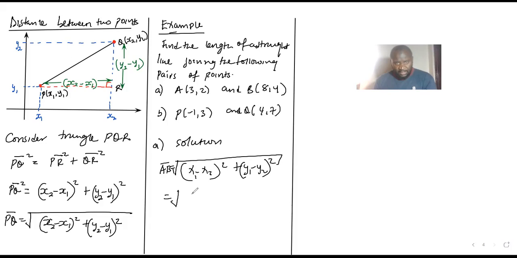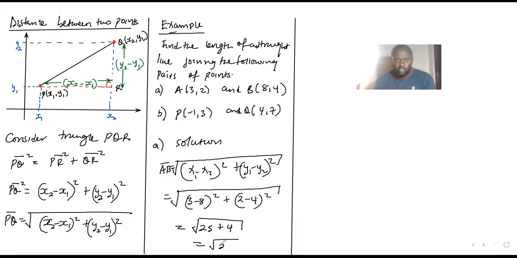So we shall have the square root of (3 minus 8) squared plus (2 minus 4) squared. Then we shall get 25 plus 4 under the square root. Hence, the answer is root of 29. We say 29 what? Units. So can you find for me the second one?